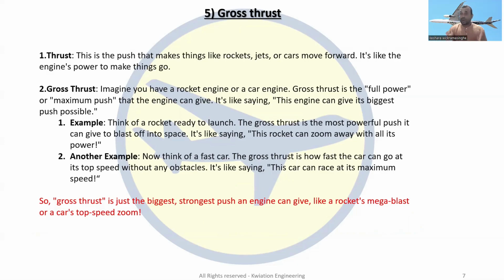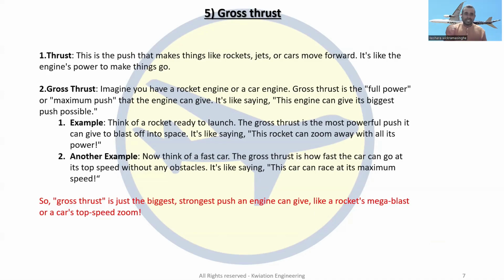Imagine you have a rocket engine or a car engine. The gross thrust is the full power, or maximum push, that the engine can give. It's like saying the engine can give its biggest push possible.